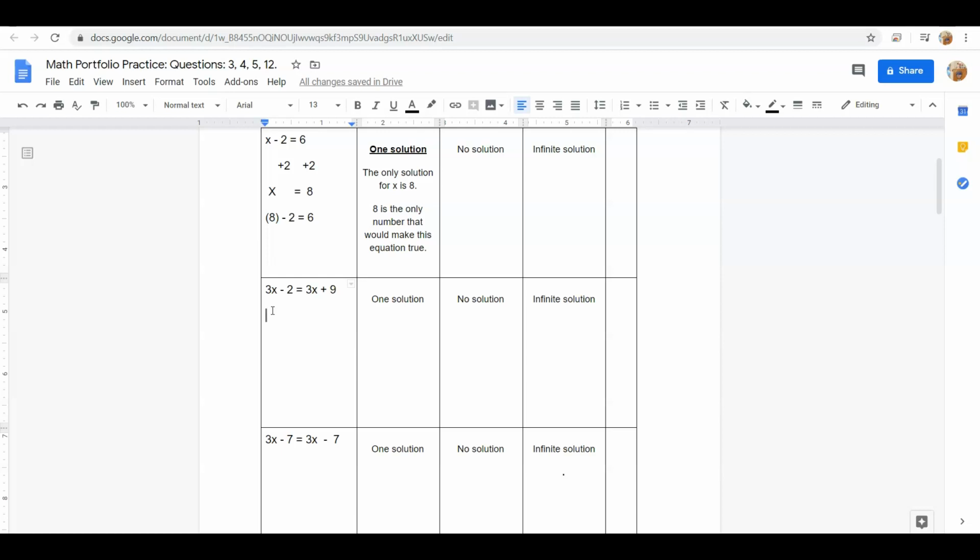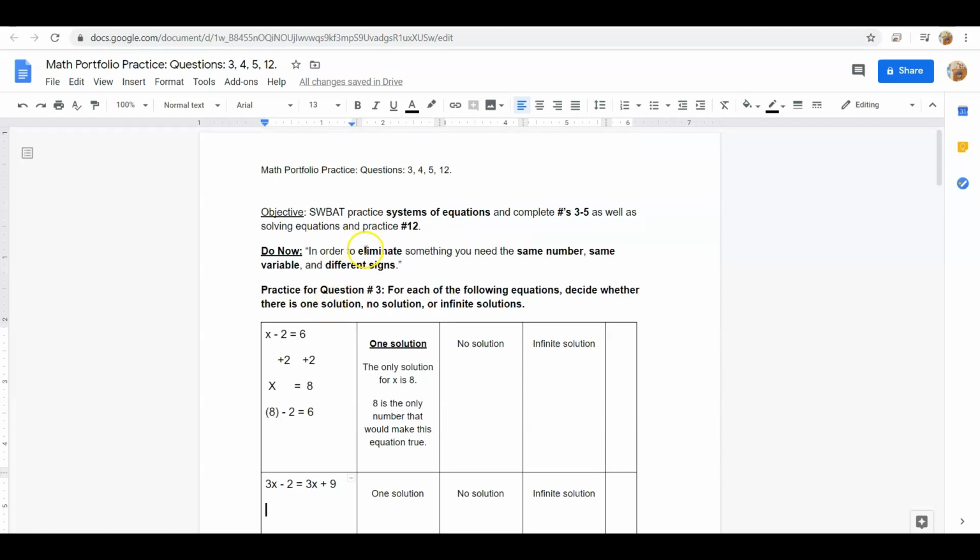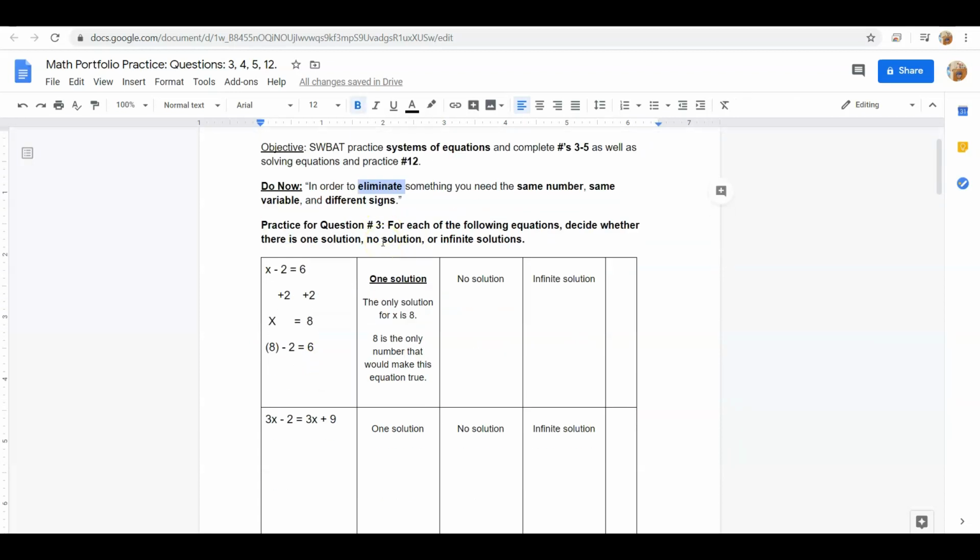But right here, you see that there's a variable on both sides of the equal sign, and that variable is the same. It's x, and it just so happens that both of these x's have a 3 attached to them. So when I see a variable on both sides of the equation, I realize that the first thing I need to do is get that variable to one side. I'm going to use the same process as before, using the inverse operations, as well as the rules for elimination.